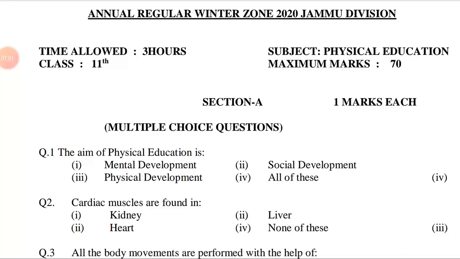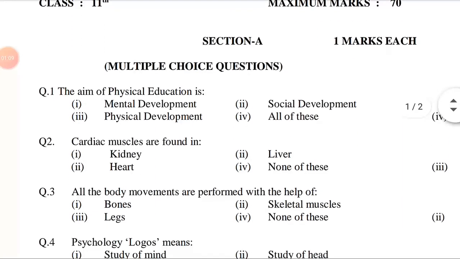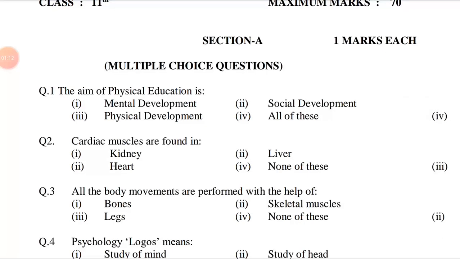Answer is option number 4 all of these. Question number 2. Cardiac muscles are found in option first kidney, second liver, third heart, fourth none of these. Answer is heart, option third.